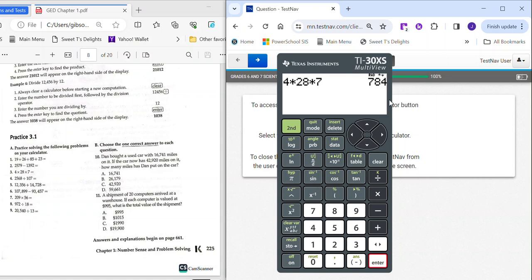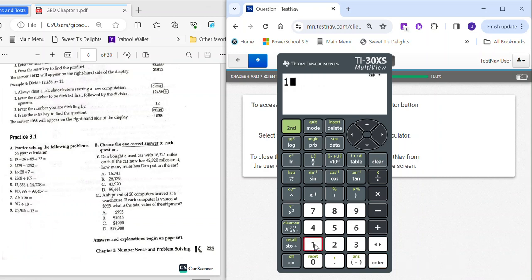Press enter. That gives you 784. And we'll clear that out. Now we'll do 4. We had 2,568 divided by 107. Press enter, and that gives you 24. So we'll clear that out.